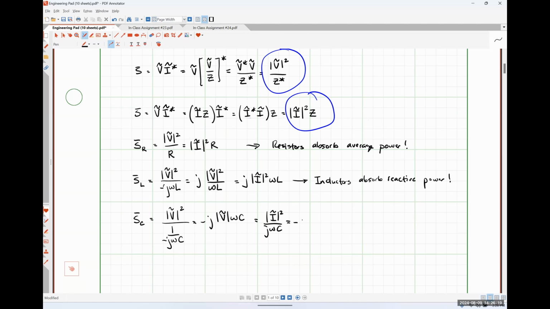So this is going to look like negative j times the magnitude of the current squared divided by omega C. So for capacitors, once again, we don't have any real part of complex power at all, which means capacitors only contribute to reactive power. But here, we always have a negative sign out front. So that means that capacitors are only capable of supplying reactive power.